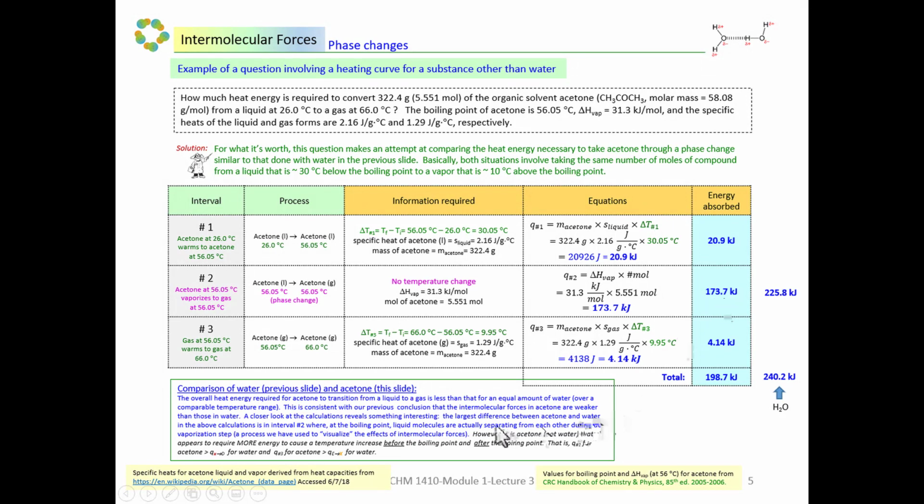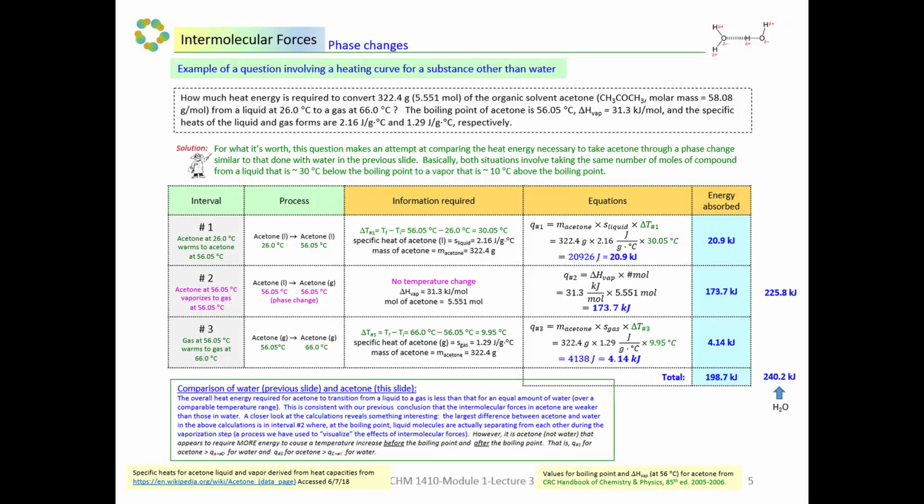And in this phase change is where liquid molecules are actually separating from each other to form the gas. And remember, that's how we visualized the effects of intermolecular forces. It makes sense that water, which has hydrogen bonding, would be more difficult to separate into gaseous molecules from the liquid than would be acetone molecules, which, though polar, do not hydrogen bond to each other.